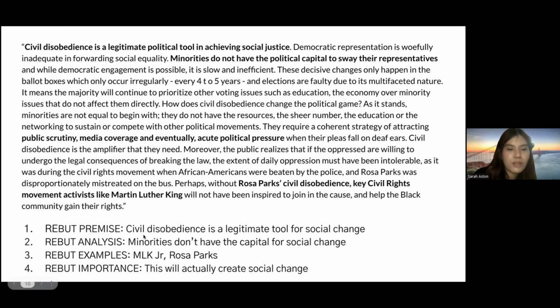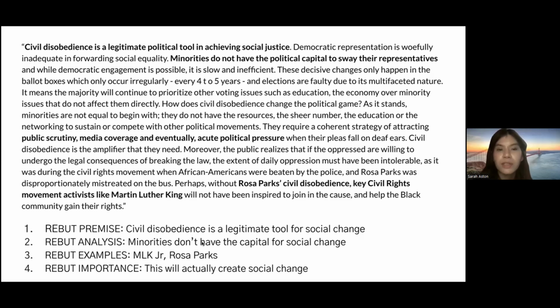When you want to rebut an analysis, this is it, which is to rebut that minorities don't have the capital for social change. So you can just rebut that and say that even if they don't have the capital for social change, there are other means. This is when you're able to prove the alternatives that they're also able to opt into, right? When you're talking about rebutting examples specifically, the examples given by this team, in this paragraph, we have MLK, we have Rosa Parks, right?